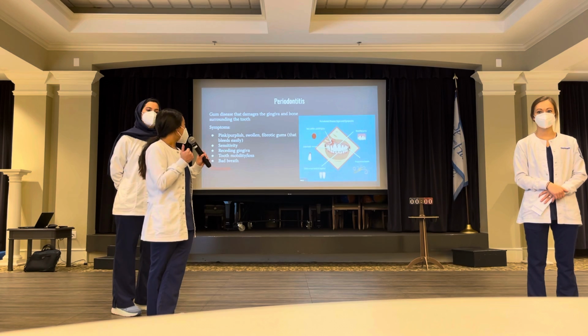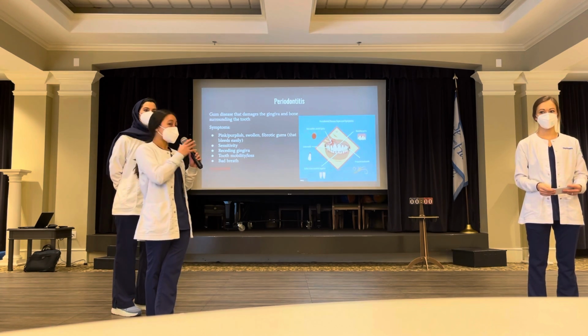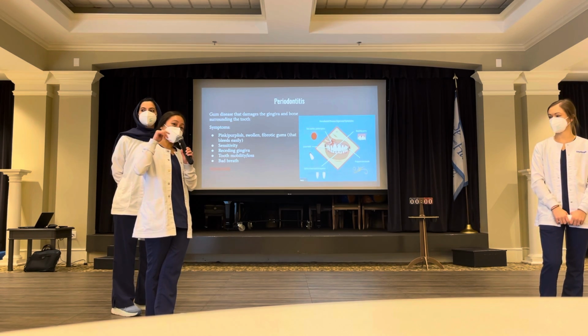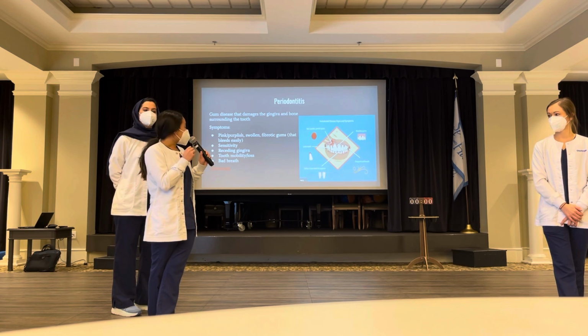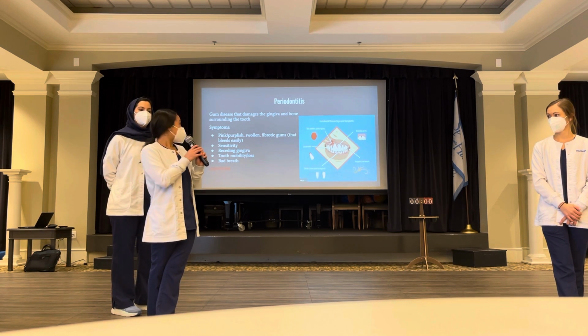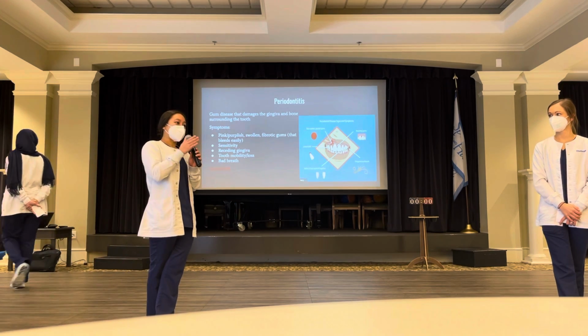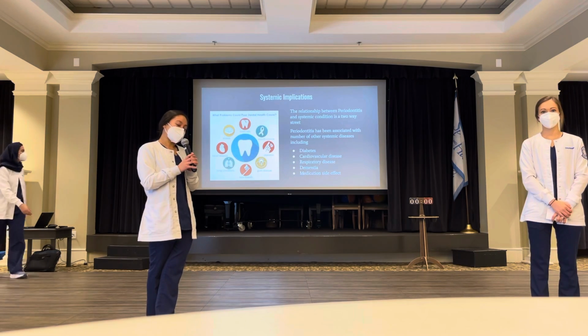This can be painless. And you'll also see loosening of teeth, and your teeth are going to start shifting and moving. You're going to start seeing your gums receding, and you're going to see more of your tooth showing. And then you can also have frequent bad breath. Gingivitis can progress on to periodontitis, and we want to stop it at gingivitis.